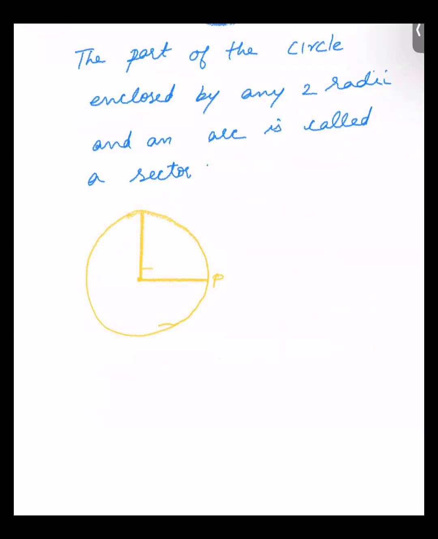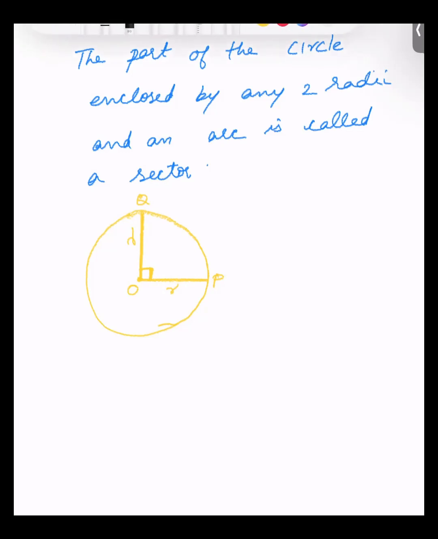So this is going to be 90 degrees. Perpendicular means 90 degrees. This is OP and this is OQ. Center to circumference is radius, and this is also radius. So these are two radii.